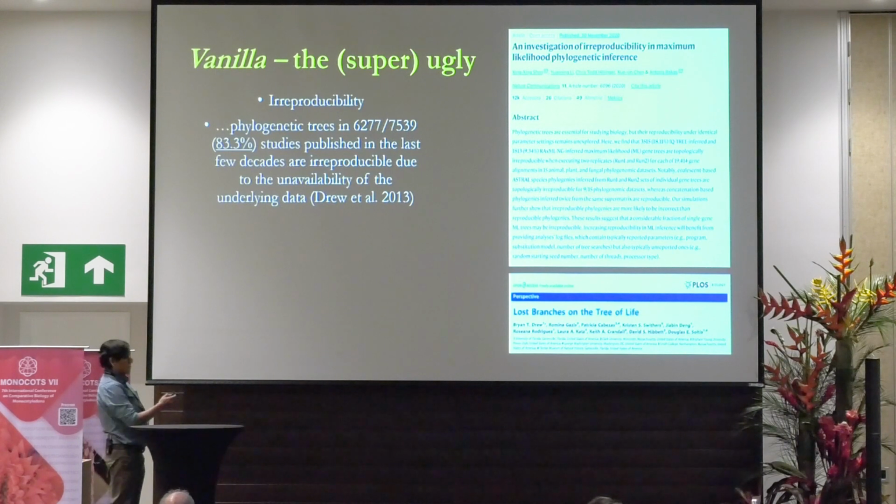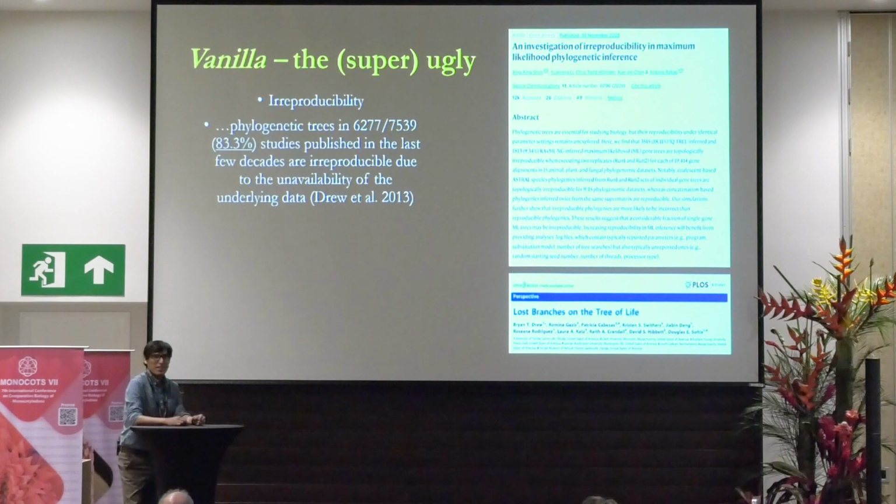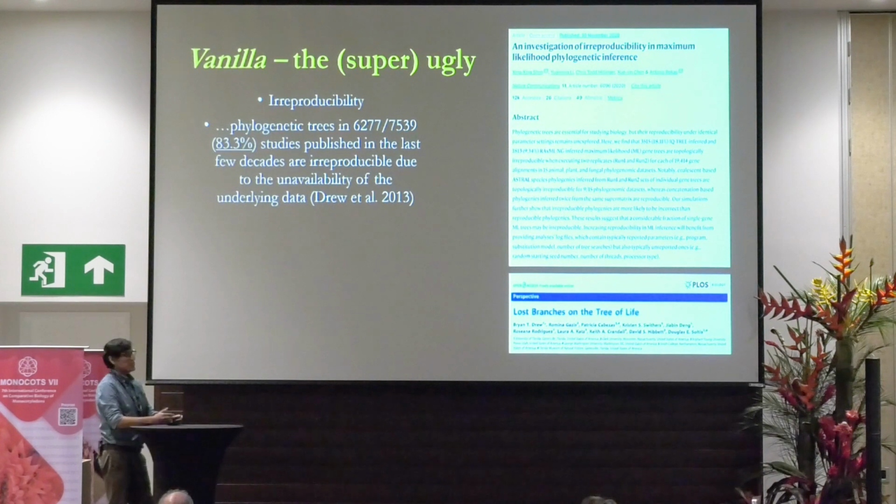I would only mention this one, published in 2013, a meta-analysis that sampled several phylogenetic trees and found that, of the trees published in the last few decades, 83% are irreproducible due to the inaccessibility of the underlying data. That means researchers tried to replicate those trees but couldn't because the data was not published. That's really concerning to me, and it is definitely an issue in vanilla.